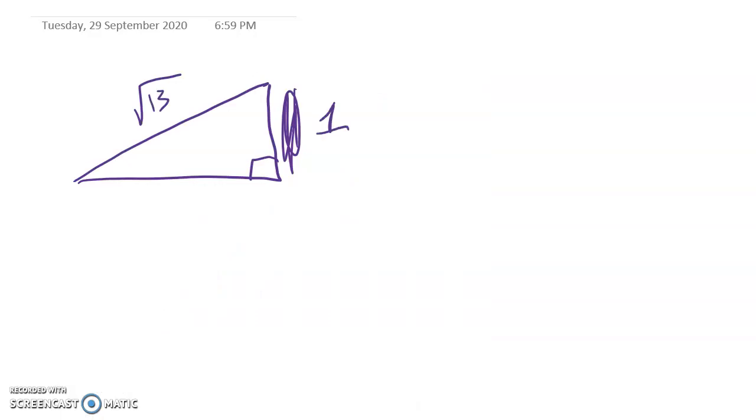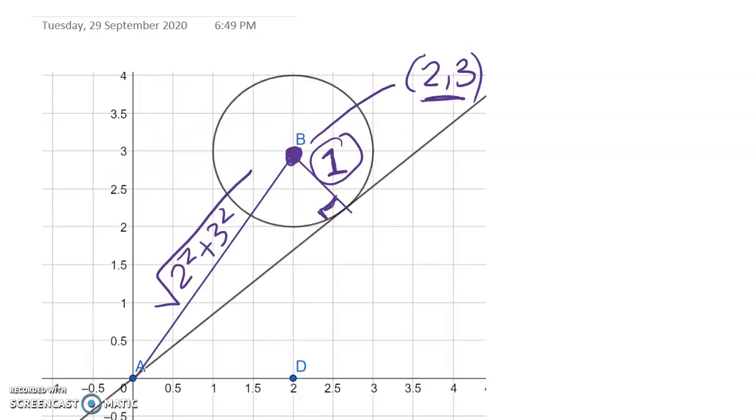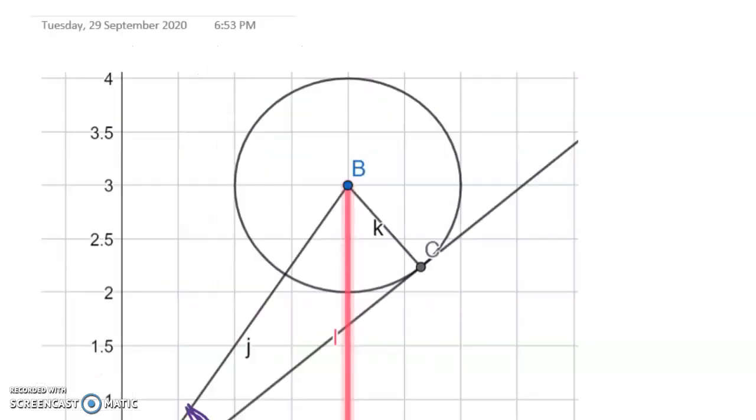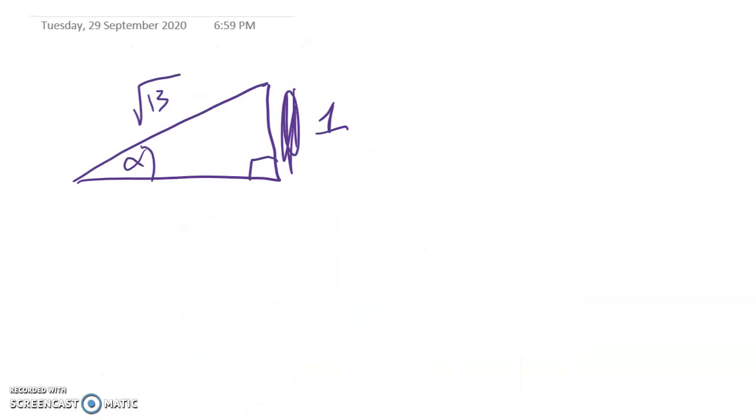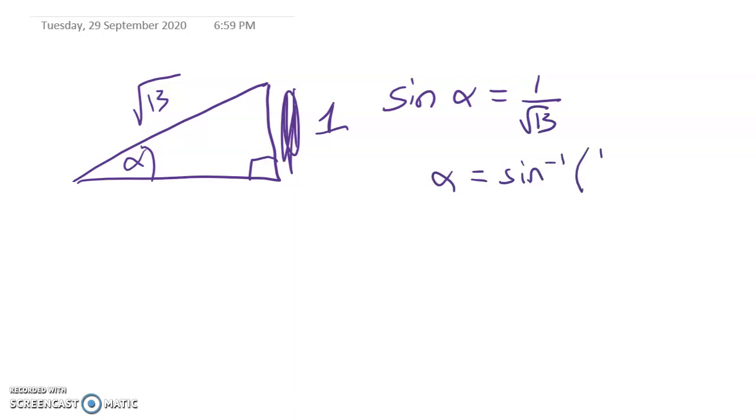This side is 1 because it's a radius, and this angle, let's call it alpha. So what's alpha? Well, I've got the opposite and the hypotenuse, so sine alpha is equal to 1 over root 13. So alpha is equal to the angle whose sine is 1 over root 13, and that gives me alpha equals 16.1 degrees.